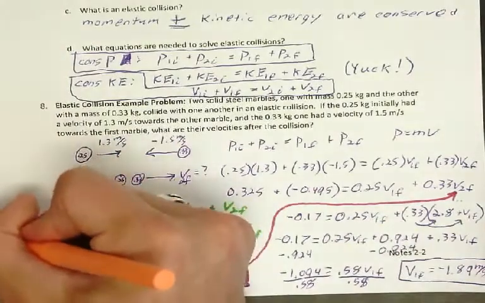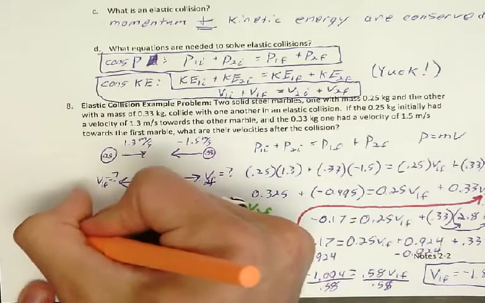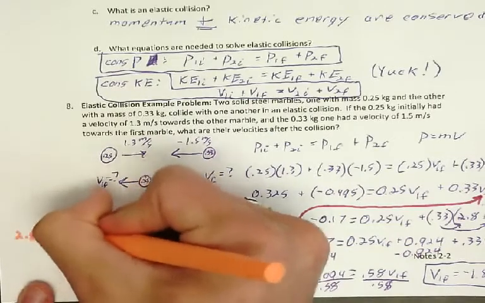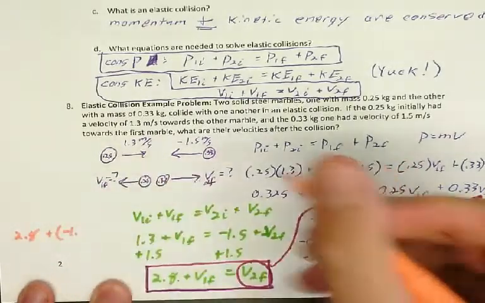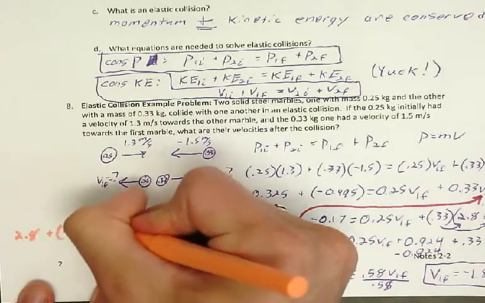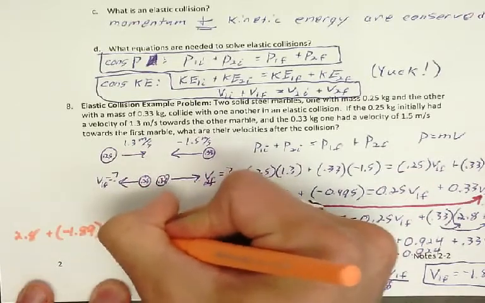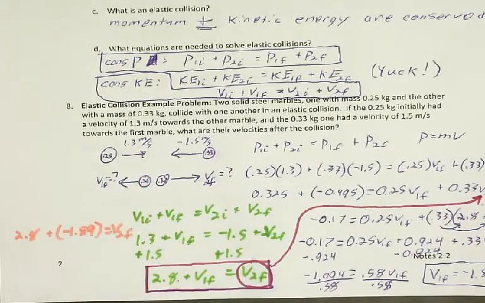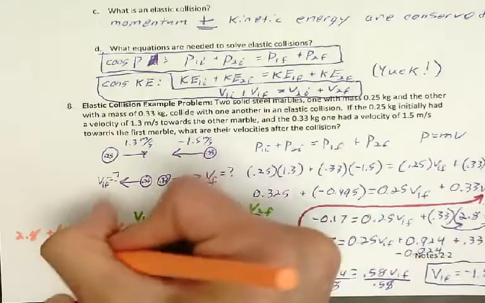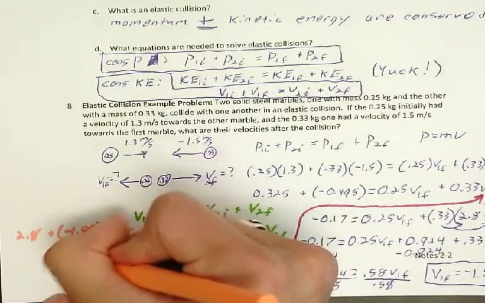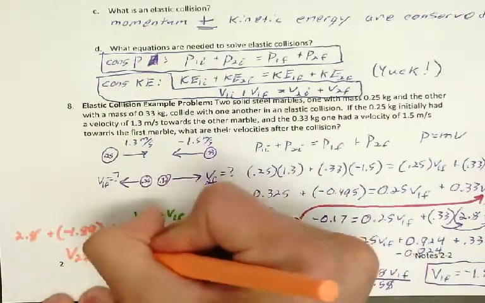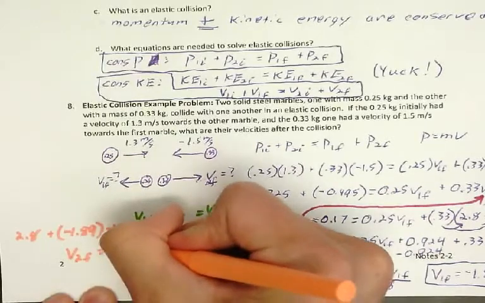So 2.8 plus a negative 1.89 equals V2 final. V2 final equals 0.91.